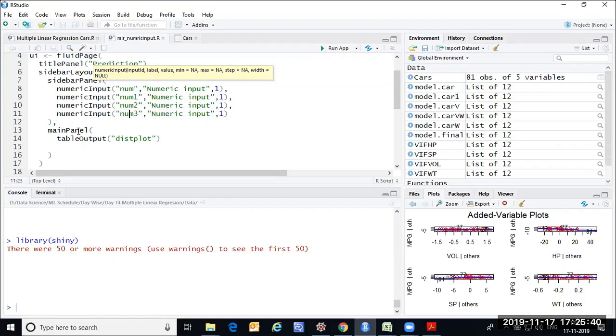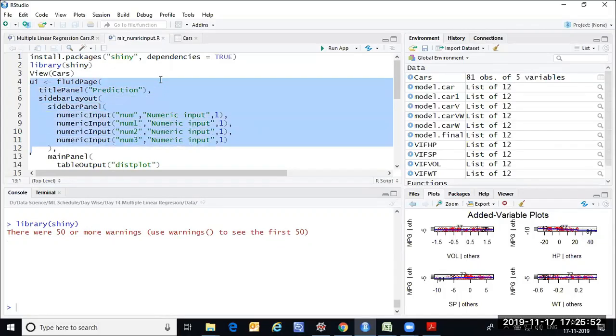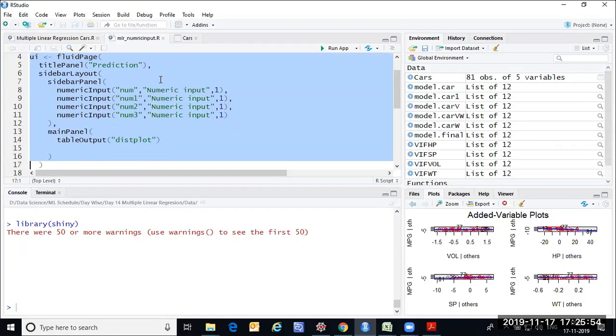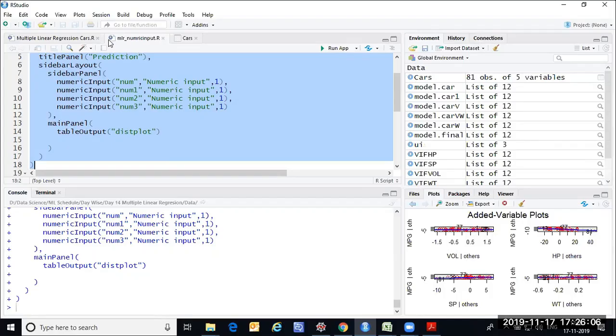So this is my UI layout. I'm just creating a UI fluid page with all 4 input variables. Just a simple function, right?